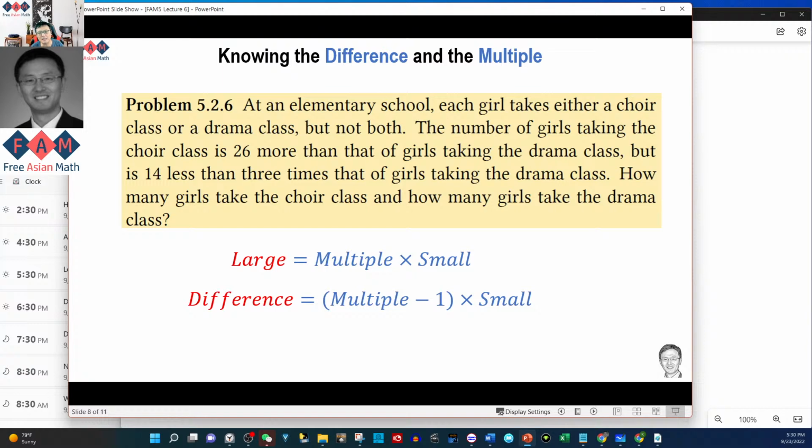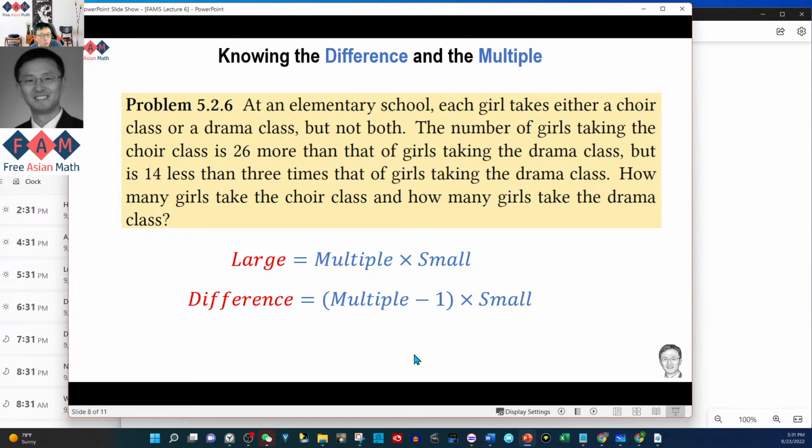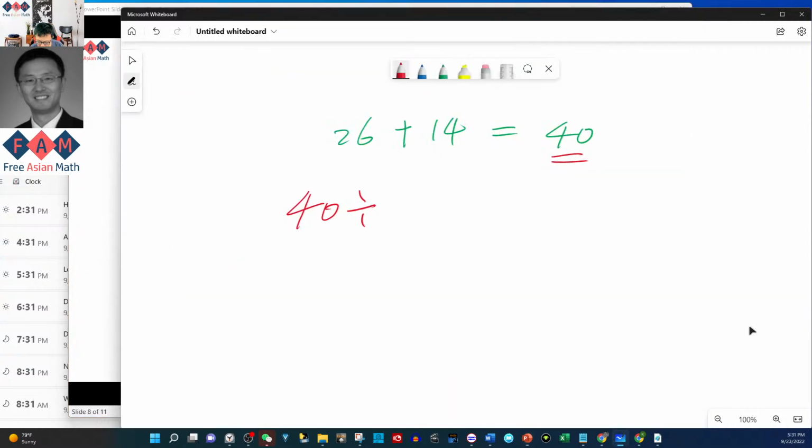So how do we get the small number? The small number would be this difference, which we know is this number 40, divided by this multiple subtracting 1. And what is that? We know the multiple is 3, but we have to subtract 1, which is the small itself.